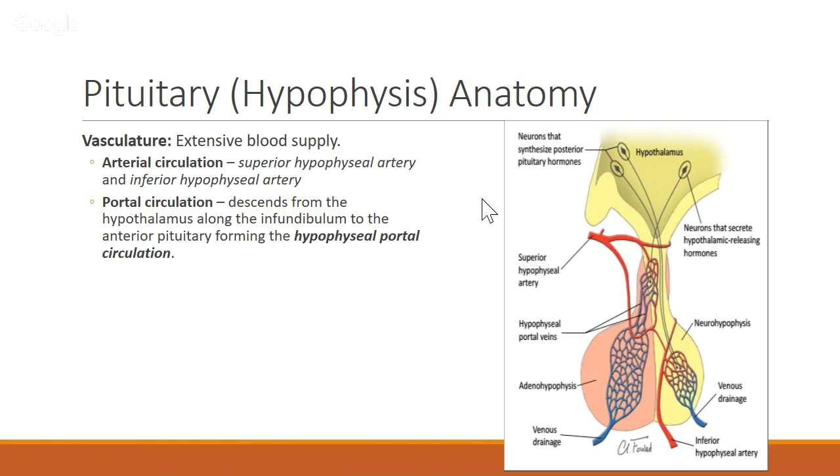So vasculature. Essentially, the main arterial circulation reaches the posterior pituitary and hypothalamus easily. However, to reach the anterior pituitary, it must go through a portal circulation, and this is because of the different embryological origins of the posterior and anterior pituitary.